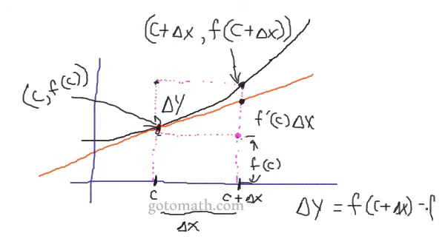minus f of c, and I've kind of run off the screen over here, but here's my f of c, subtracting off from the f of c plus delta x, you get this difference right here.